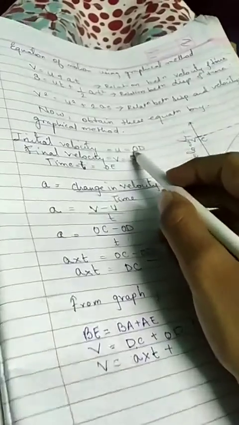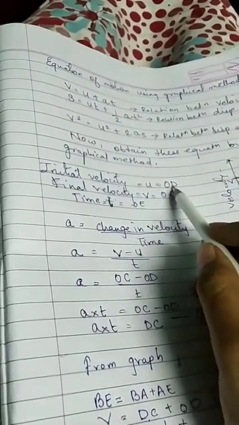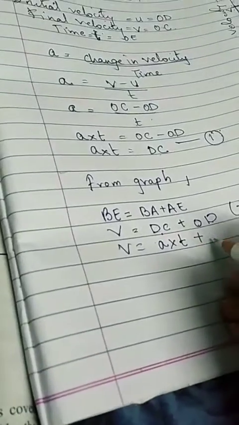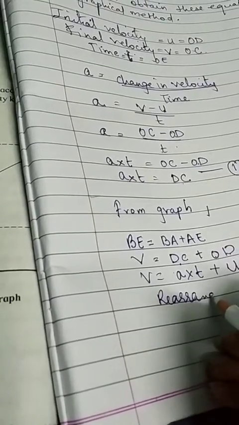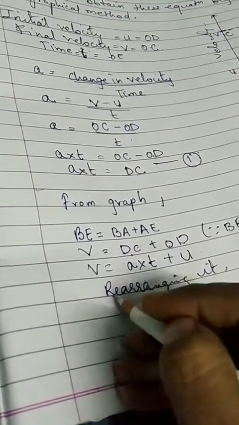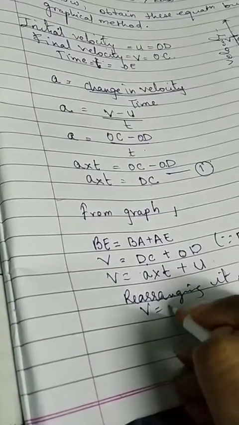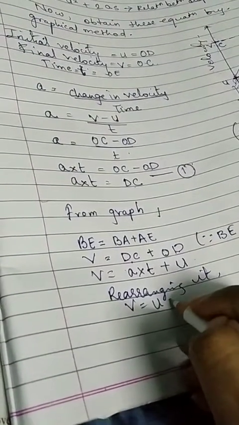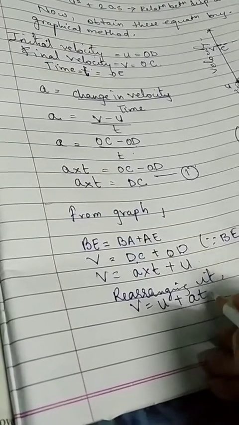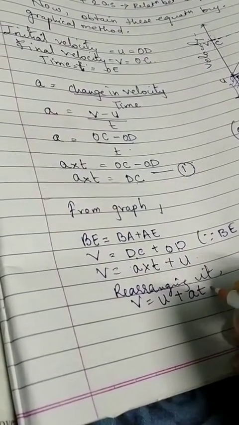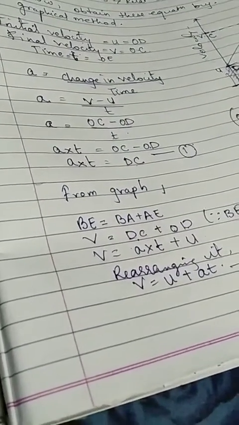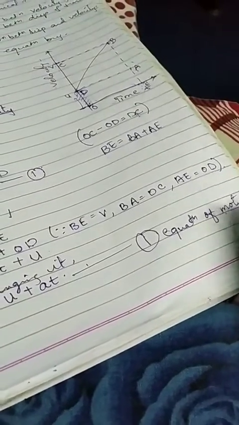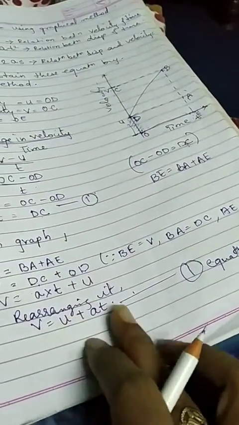Over here you can see we have written OD is equal to U. So we are going to substitute this value over here, plus U. Rearranging it, the equation becomes V, that is final velocity, is equal to initial velocity plus acceleration into time, and it is your first equation of motion. V is equal to U plus AT. Your first equation of motion is complete.